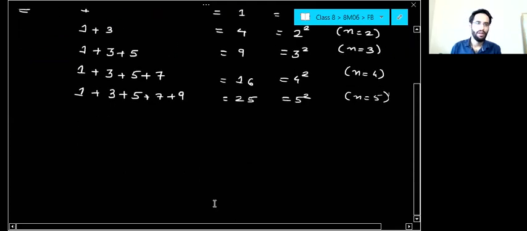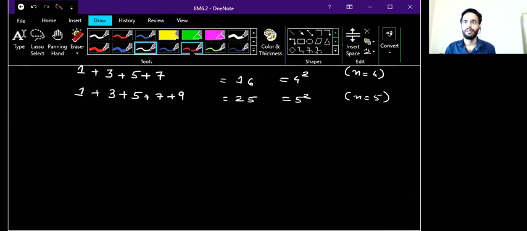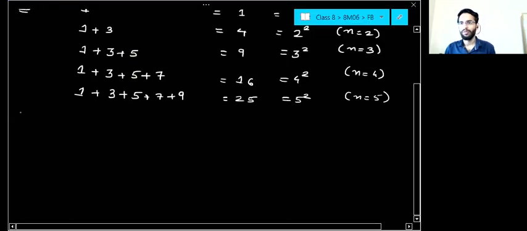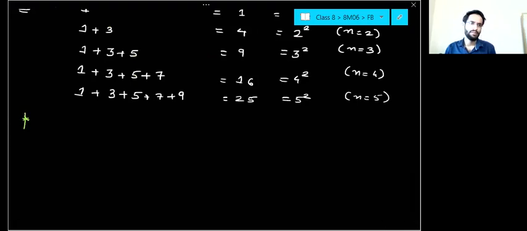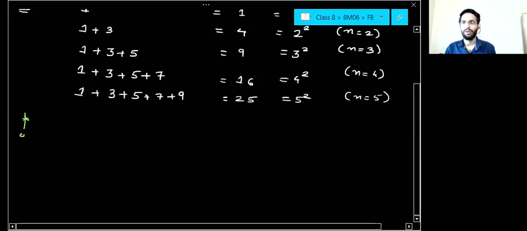Now I want to show you one more thing. That is Pythagorean triplet. How many of you know about Pythagoras? Yes, n is the number of odd numbers, Samarth.